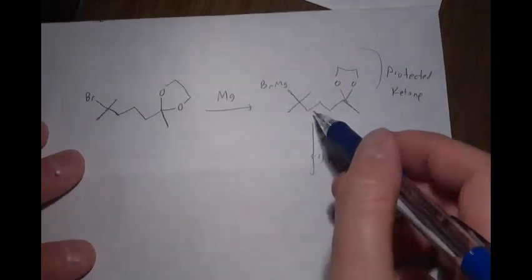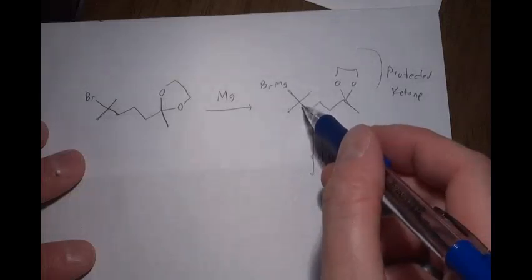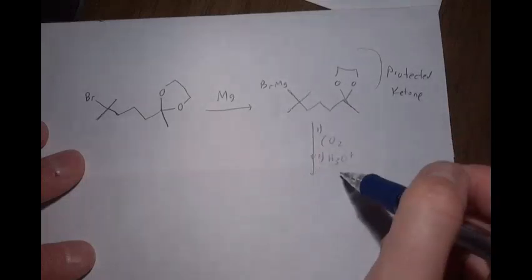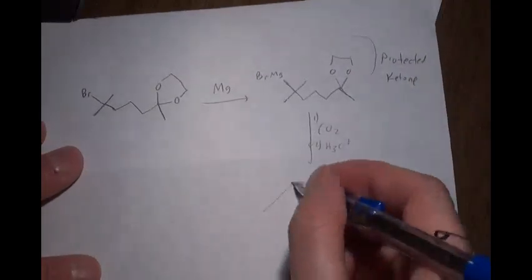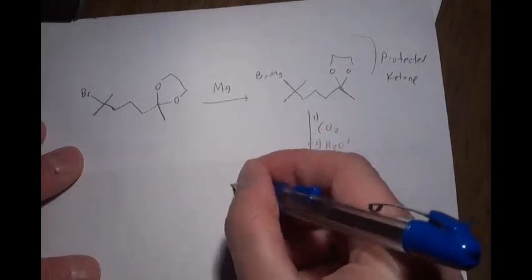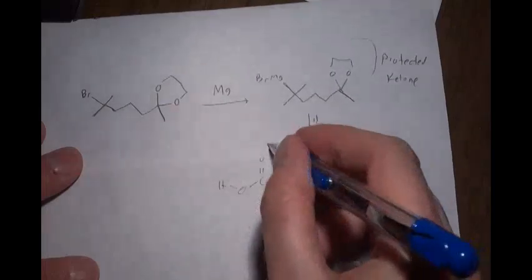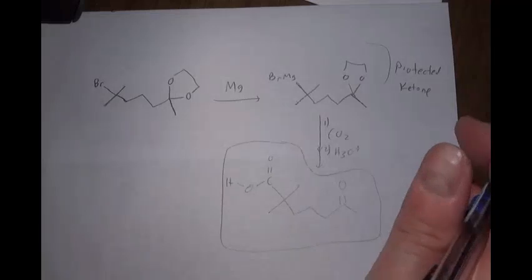So here we can actually do two steps in one. We can attack CO2, and then we can be protonated by H3O plus, and it'll also cause deprotection of the ketone. So this will give us this, our final product. Okay, that's very nice.